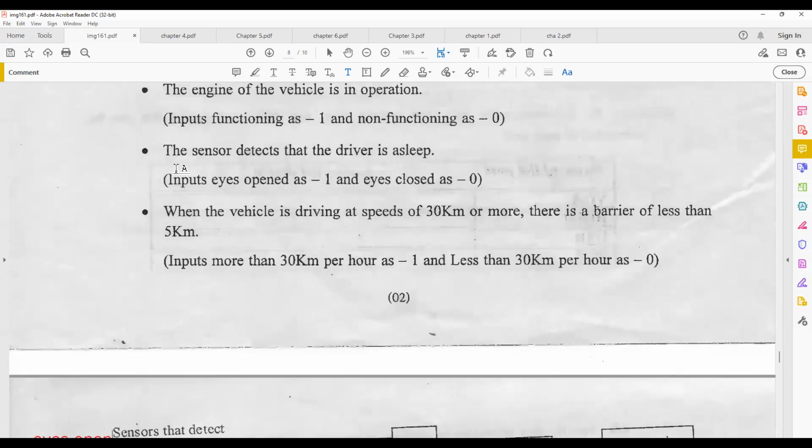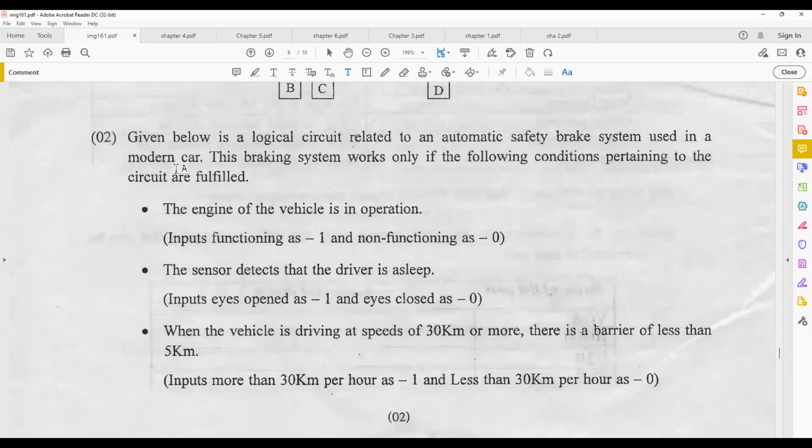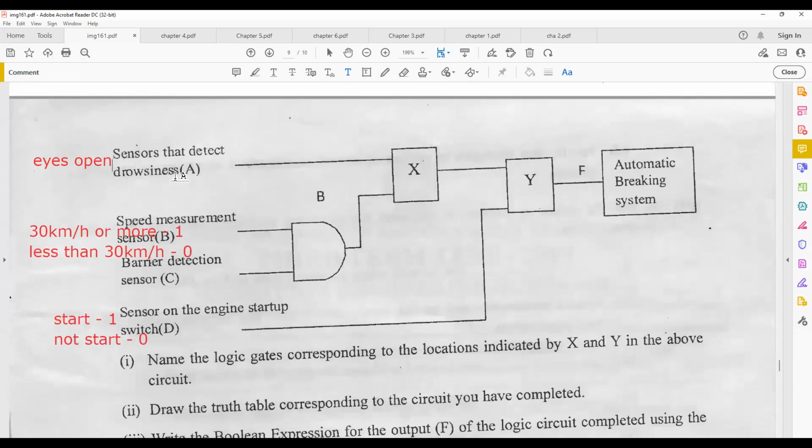So we have eyes open, 1, eyes closed, 0.